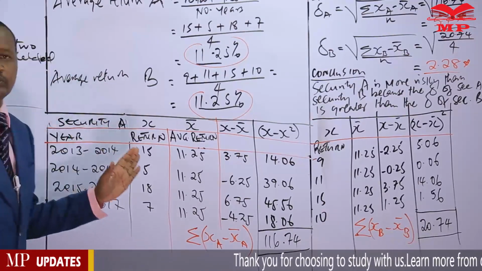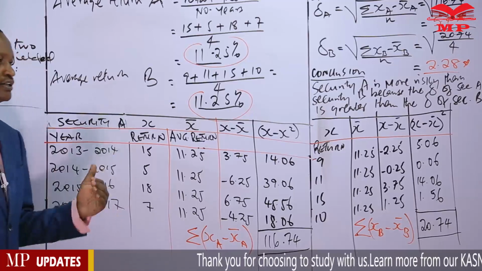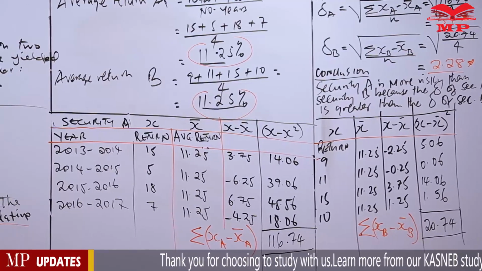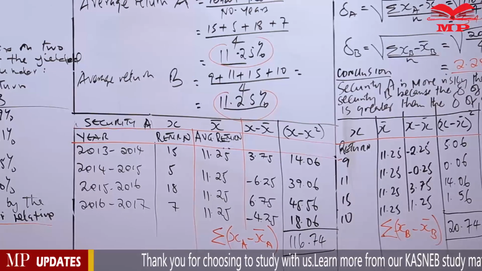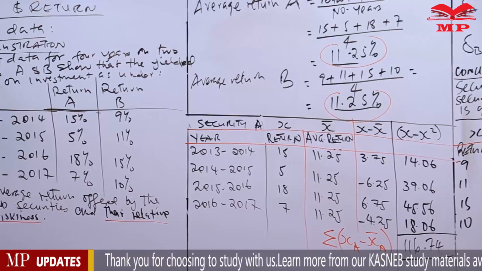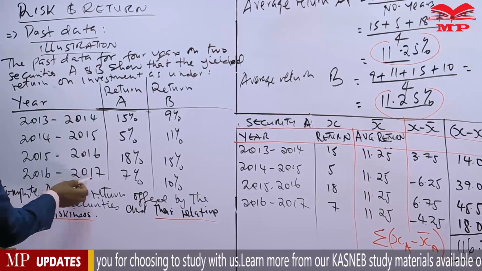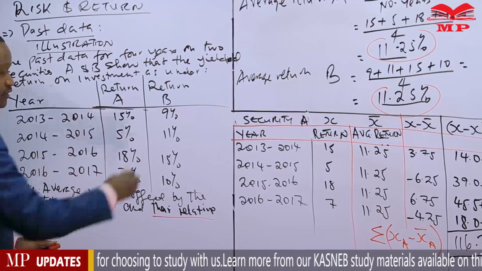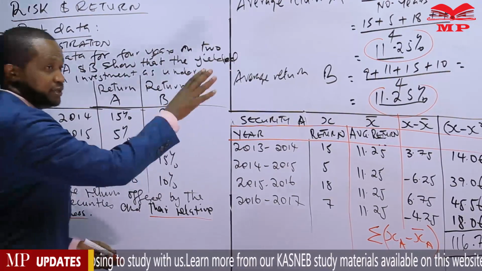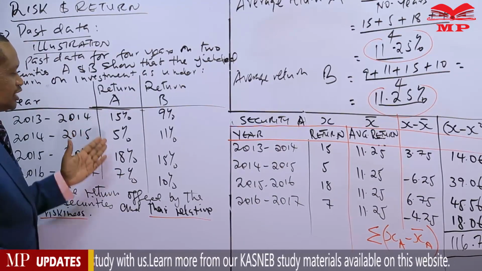In this illustration, we have used past data. The past data for the two securities were collected for prior years. You can see 2013 to 2017, 4 years. It is very easy to calculate for past data because these returns are known.